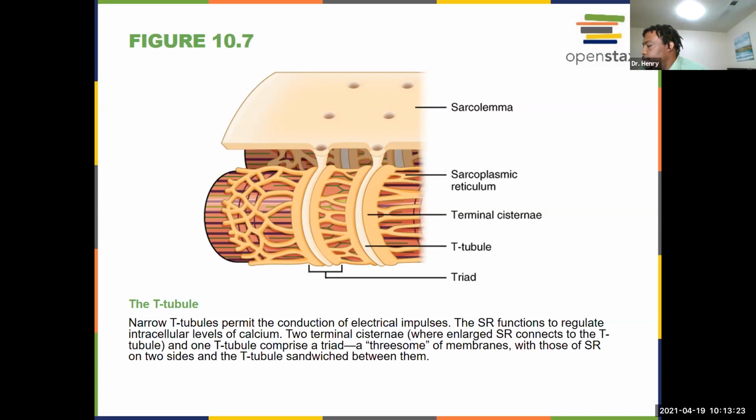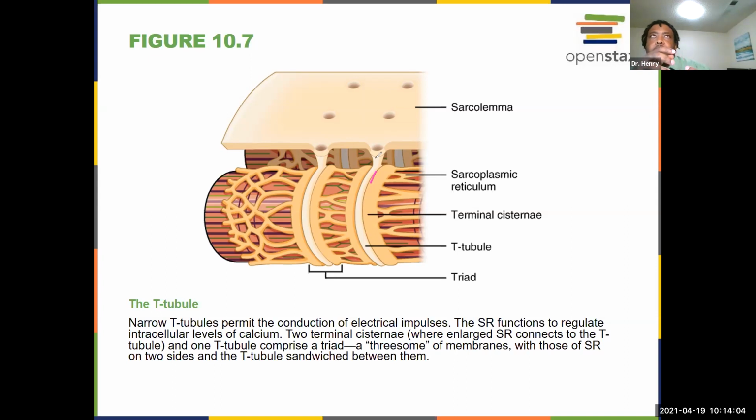If you take a look at the sarcolemma, you have the T tubule, which is connected to the sarcolemma. So this allows the pulse to be extended to the entire muscle. It carries that charge, that electrical pulse, to everything else.